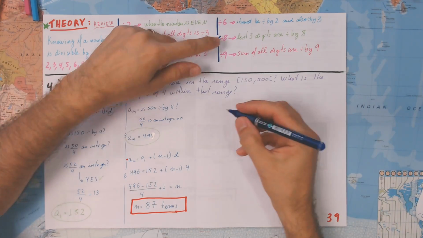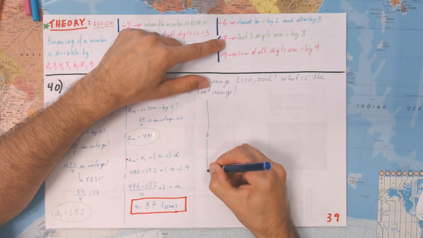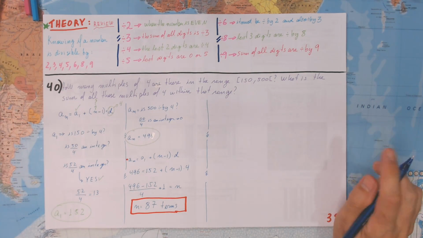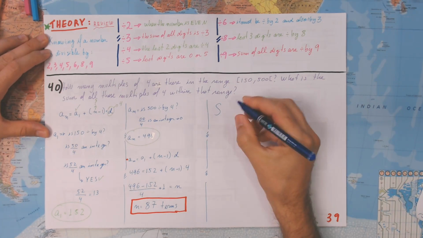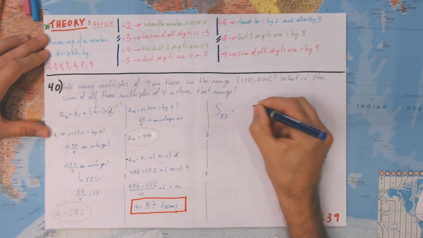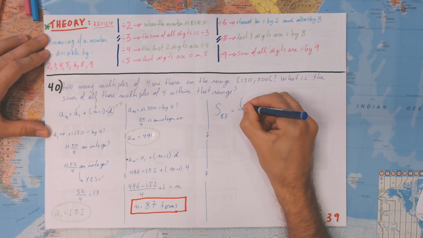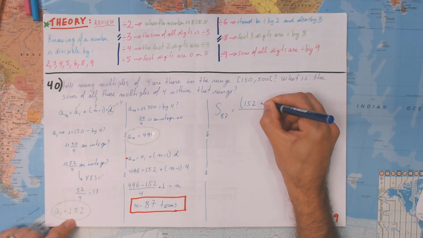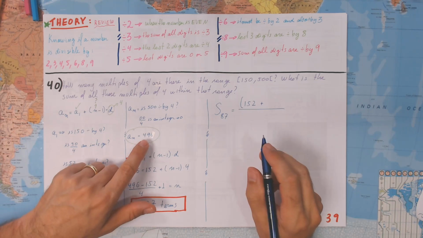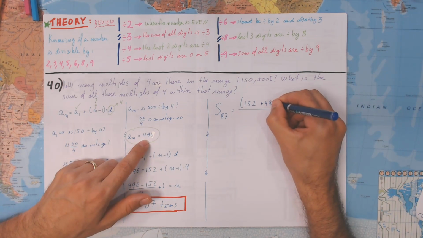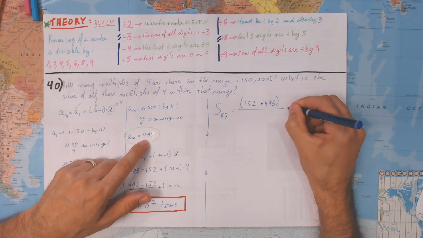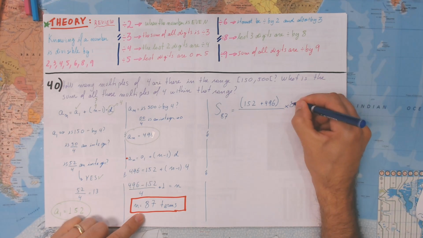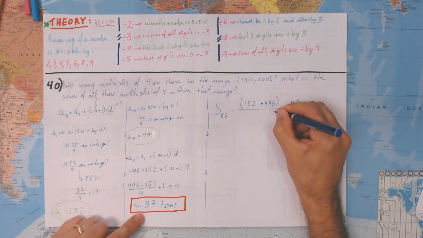Okay, now let's go for the last part. What is the sum of all those multiples within that range? Well, the sum of those 87 terms is going to be what? The first one, which is 152, plus its equidistant term, the last one, 496, and that must be multiplied by how many terms? 87, and divide all that by 2.